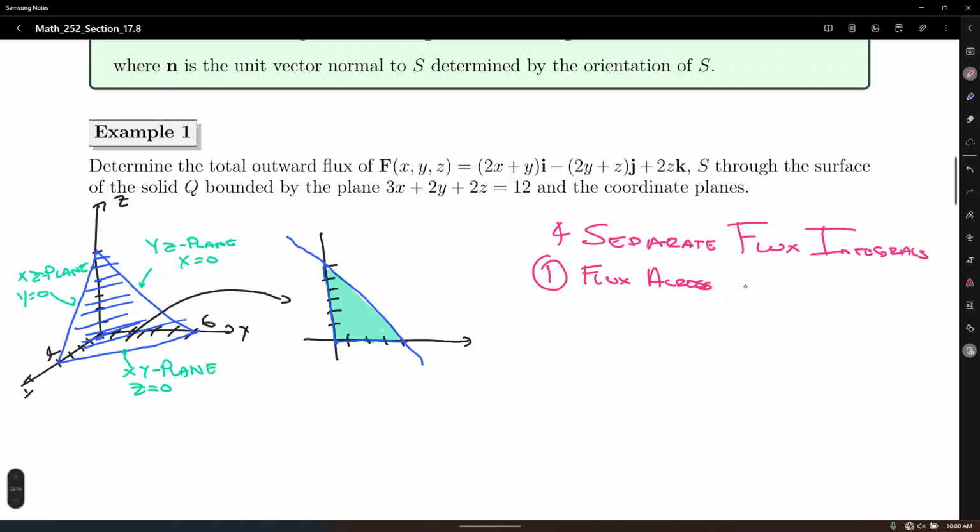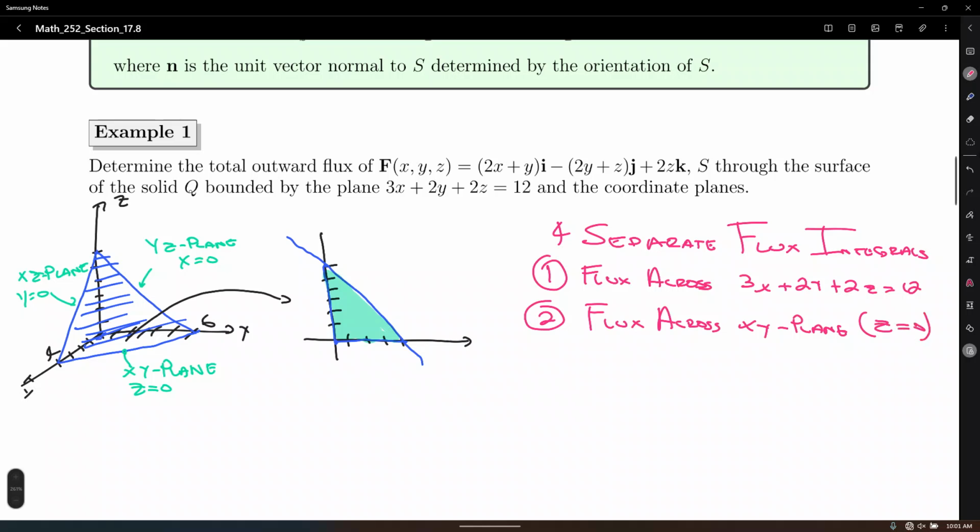Let me do the flux across the plane 3x plus 2y plus 2z equals 12. Number 2, that'll be the flux across the XY plane. That is the floor, z equals 0.